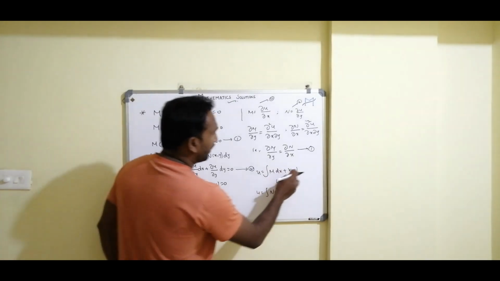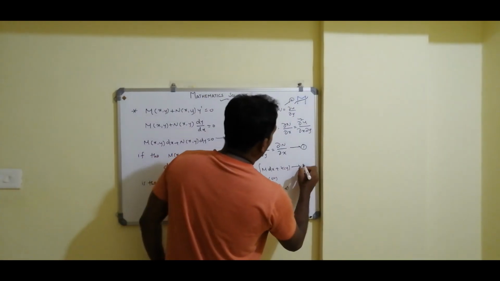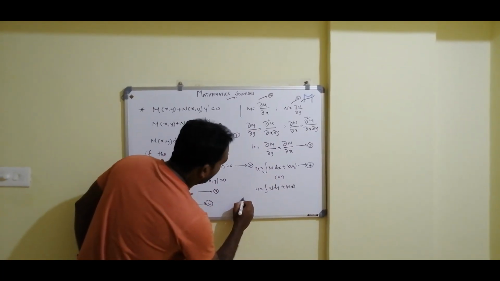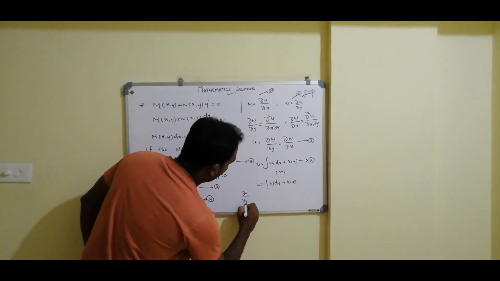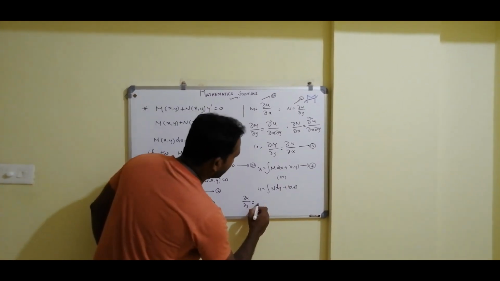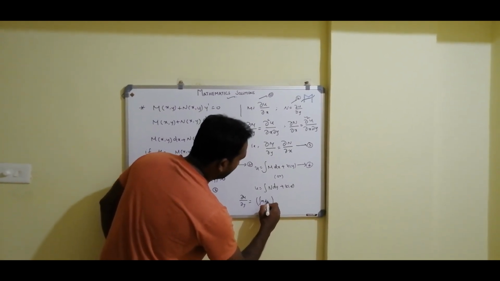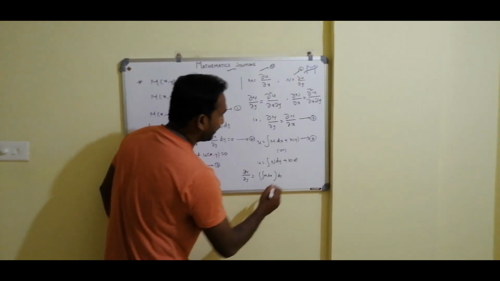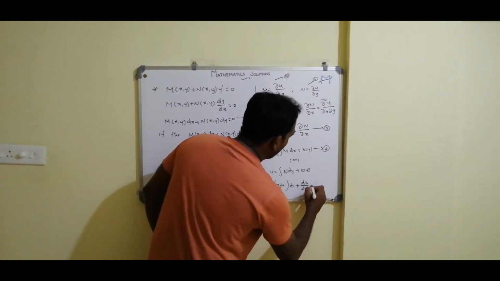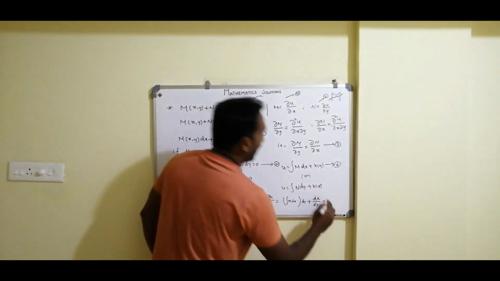I'll consider equation number 4, and this will become ∂u/∂y = ∂/∂y ∫M dx + dk/dy, which is equal to N, since we know ∂u/∂y is the N value.